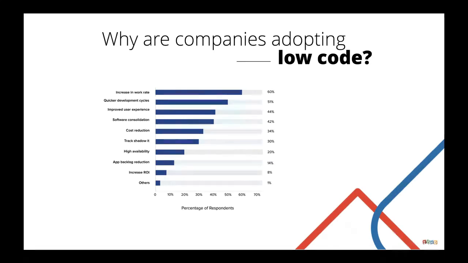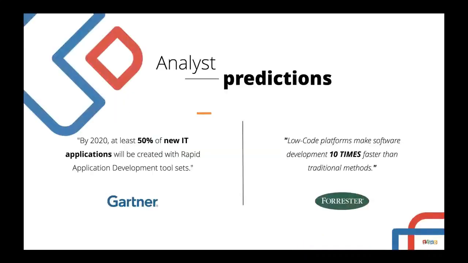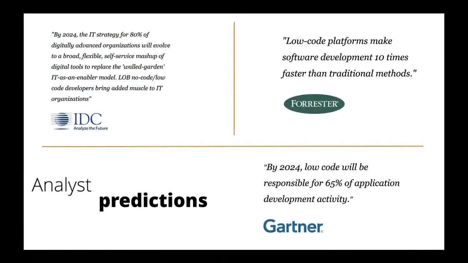It also gives the employees the ability to build and extend applications. That is definitely the reason why low code is here to stay. Analysts like Forrester and Gartner also predict that by 2024, almost 65 percent of custom applications will be built through low code, and low code is definitely here to stay.